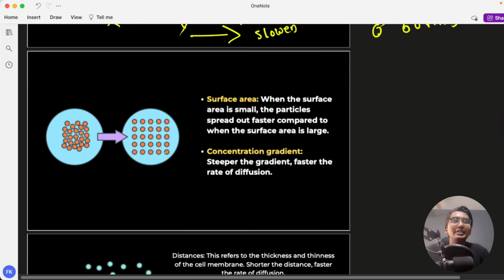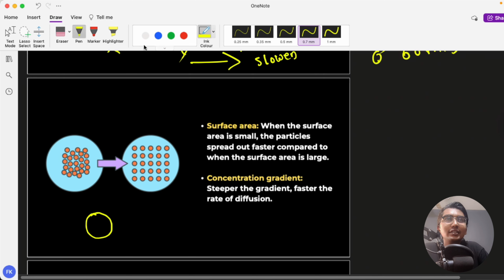Now we have surface area. For example, when the surface area is small, the particles spread out faster compared to when the surface area is large. For example, suppose in this container we have four molecules, and let's take another container with the same four molecules.